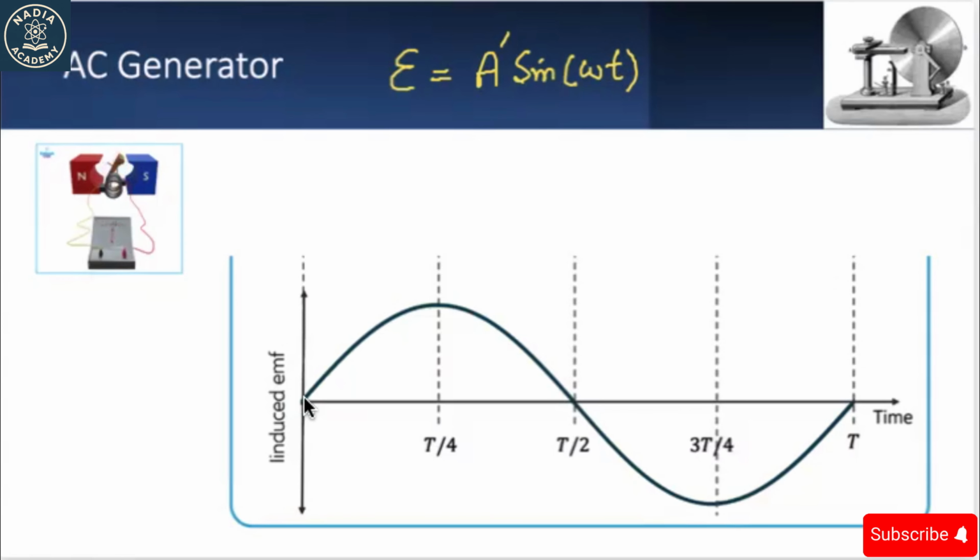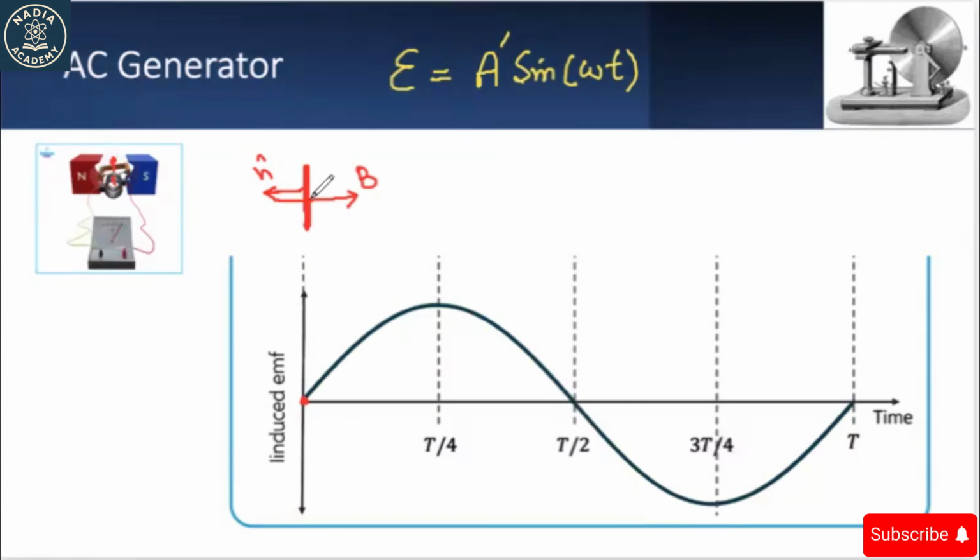For example, we are at time t equal to 0, and our coil is perpendicular to the magnetic flux density lines. The magnetic flux density is like this, B. The vector of the cross-sectional area is along the normal of this coil, like this.